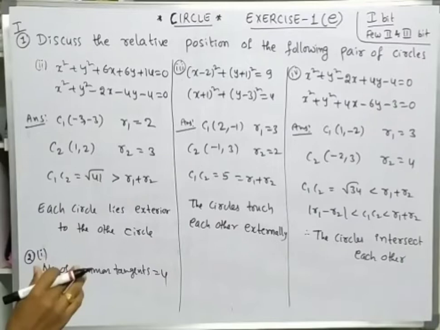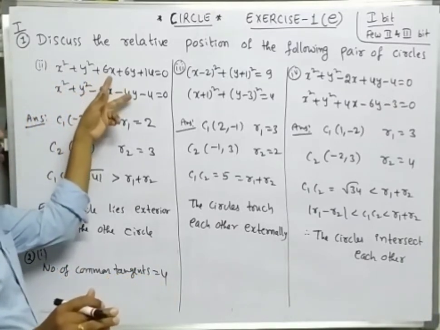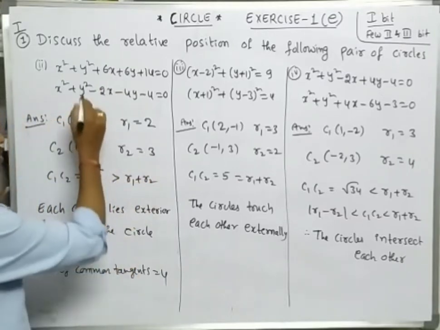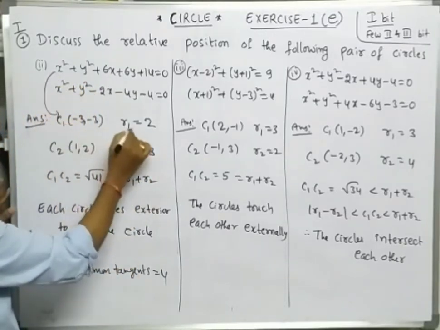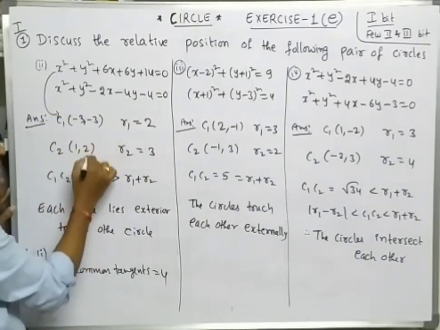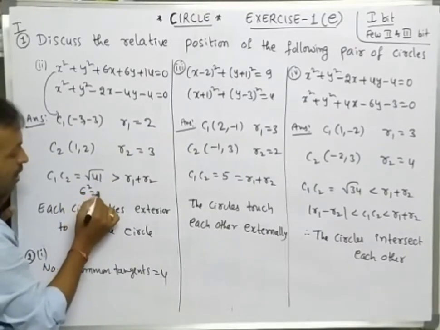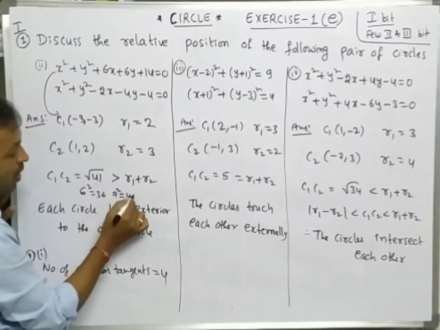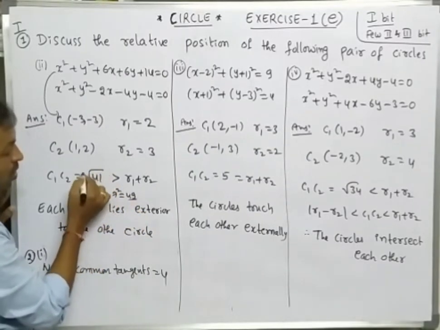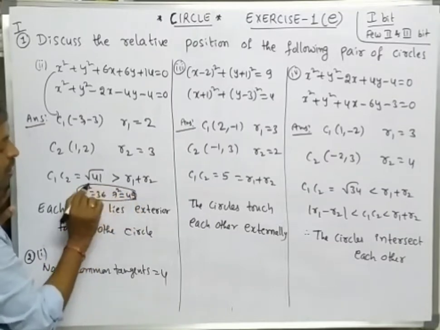Some more extra problems of the first bit. Second one, these two are the given circles, so solve yourself. Find the first circle's center and radius, the second circle's center and radius; the distance c1 c2 between these two points is root 41. 6 square is 36, 7 square is 49, so root 41 lies between 6 and 7, that means 6 point something.